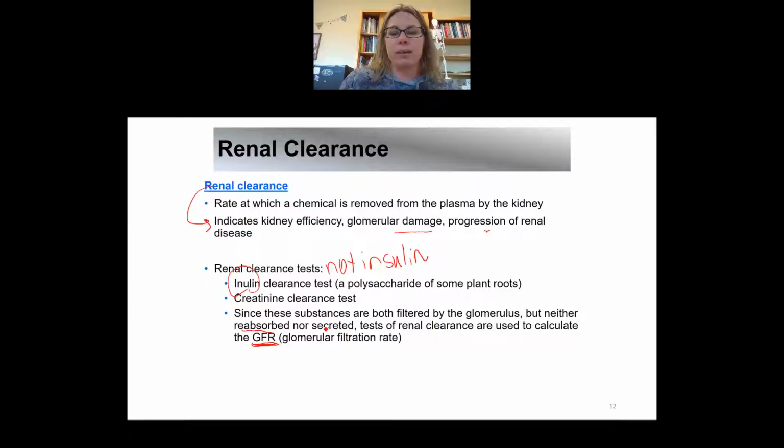It's filtered by the glomerulus, and so once it's in that filtrate, it gets into the urine because it cannot be reabsorbed or secreted. And creatinine is the same way. So for example with inulin, they would administer X amount of inulin, and then they would compare that to the amount excreted into the urine, and see how well the kidneys are actually working.